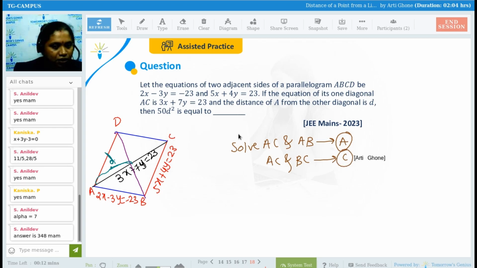Point of intersection C. Okay, then I'm just explaining the methodology. After getting the points, you know that the diagonals of a parallelogram intersect at the midpoint and have equal length, right? So we know this distance.